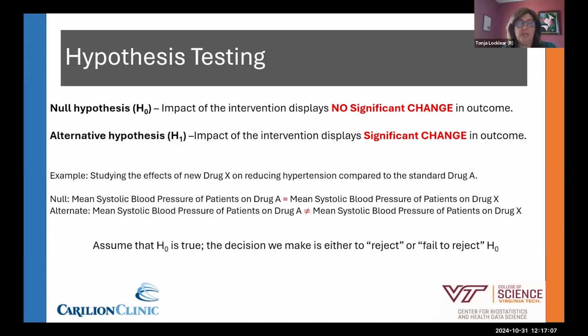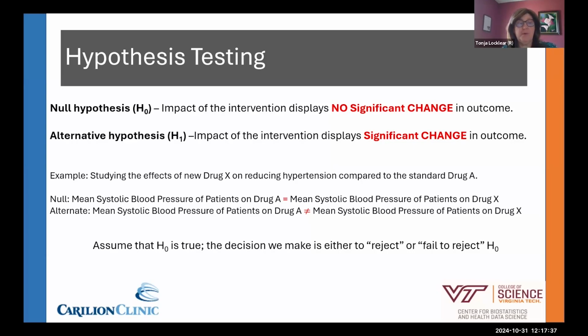So if you're looking at a study where you're comparing a new drug that's being tested for, let's say, hypertension, then your null hypothesis would be that there is no difference in that particular drug's impact on hypertension compared to the standard of care with drug A. That's the one that's been used most often or has been used in the past.